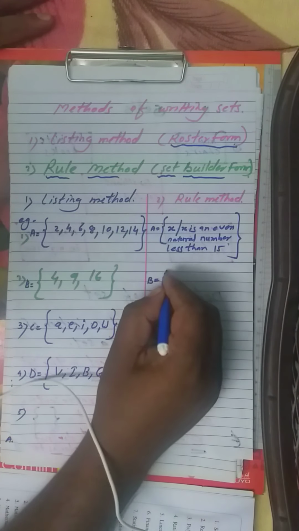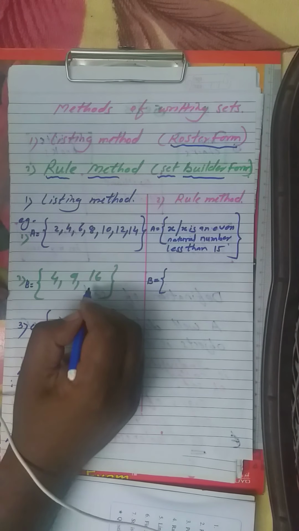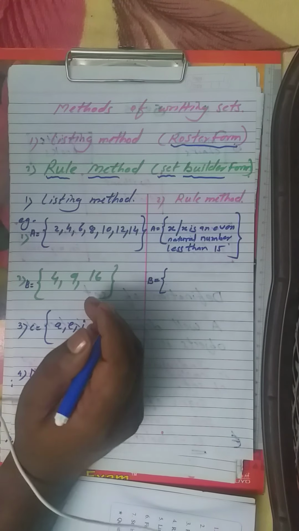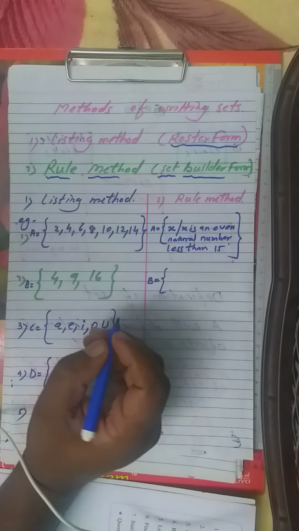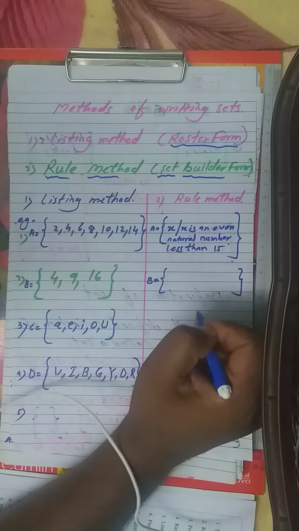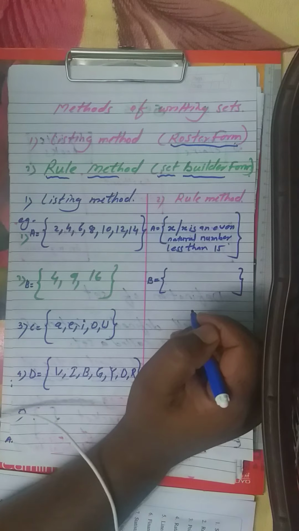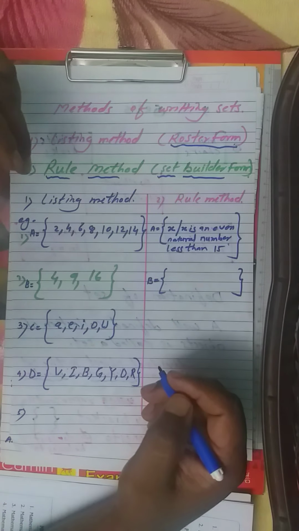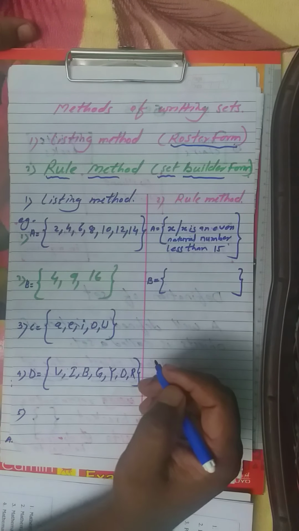Set B in the listing method is given like this: 4, 9 and 16. Now we have to write this listing method set in rule method. In examination there can be a question on it, where you have to write in listing method, or if the rule method is given you have to convert it into listing method.